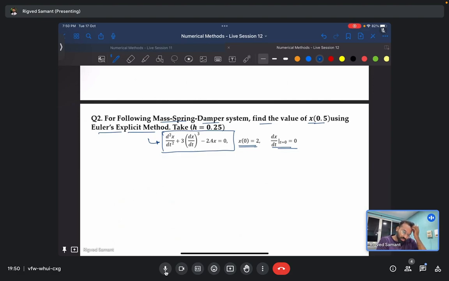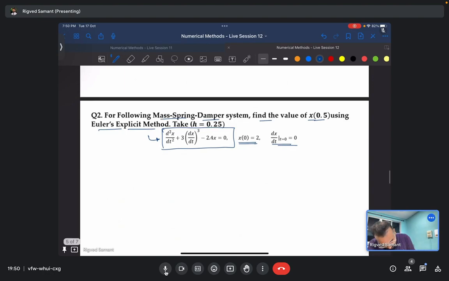We can introduce one dummy variable. So what can the variable be? Let's say z is equal to dx by dt.